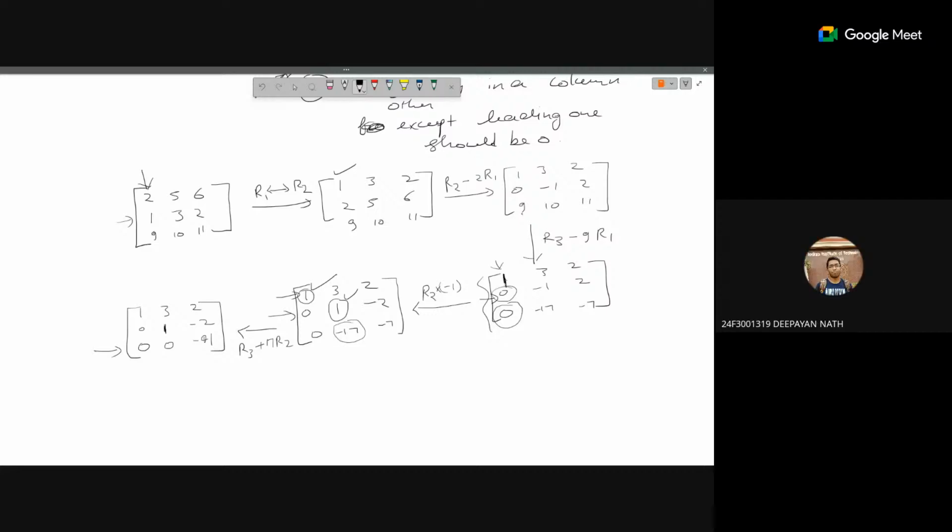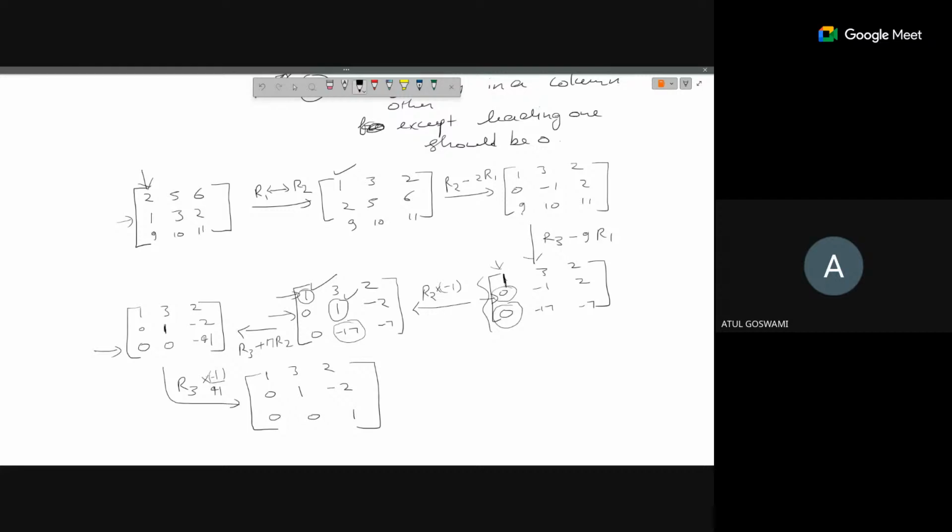Minus 41, but the condition says the leading entry should be 1. So for that, we will divide this row by -41. What will be the final matrix? 0, 0, 1, 0, 1, -2, 1, 3, 2.